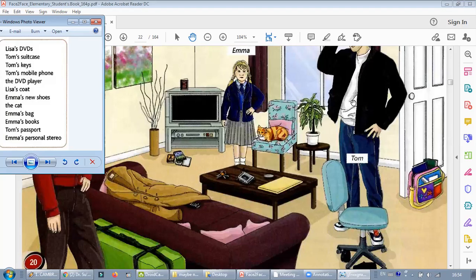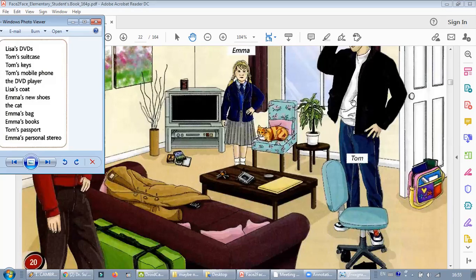TV. So Tom's passport is on the TV. That's correct. Okay. But you can say it's on the TV.